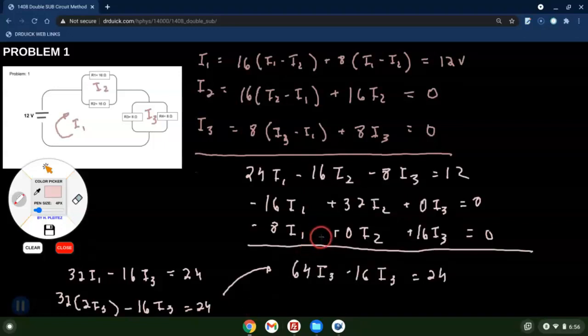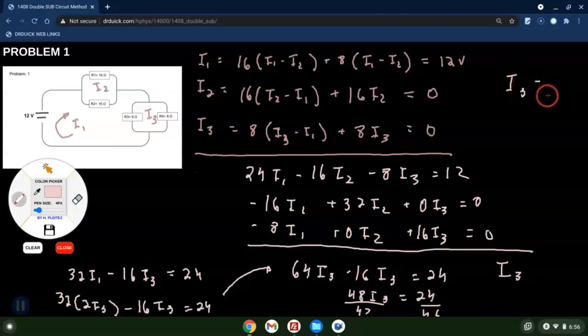So 64 minus 16 equals 48. 48 I3 equals 24. I3 equals 0.5 amps. Yay.